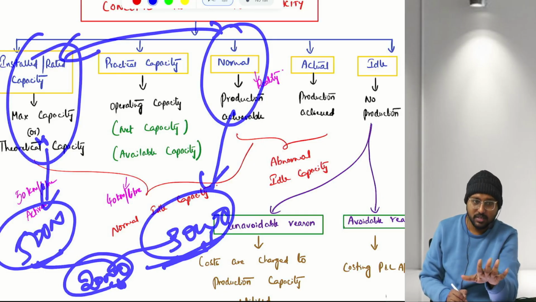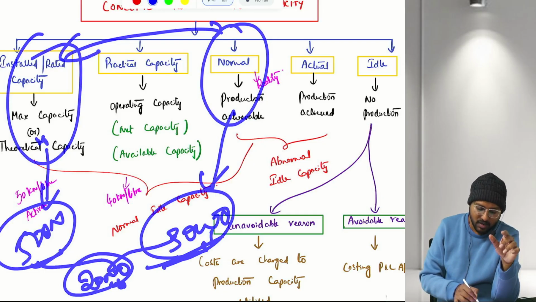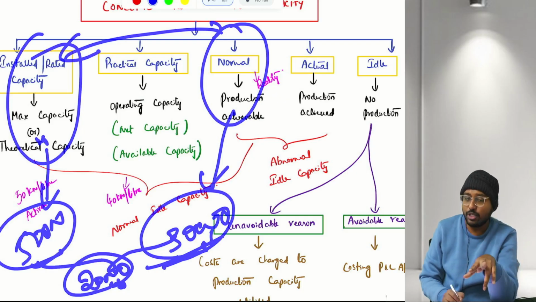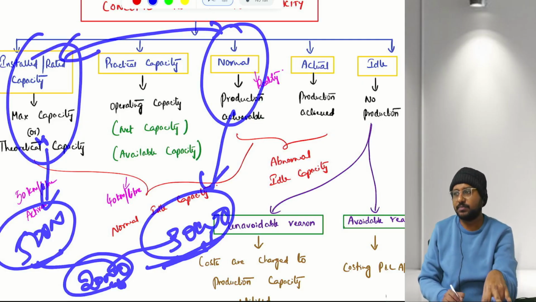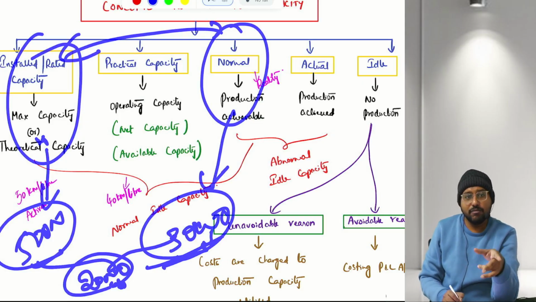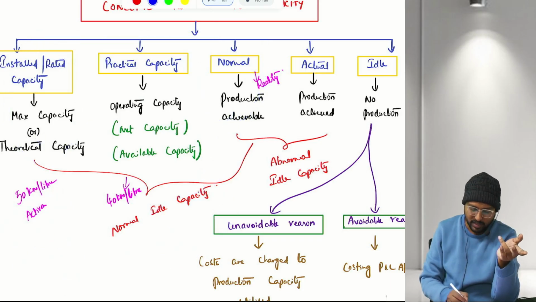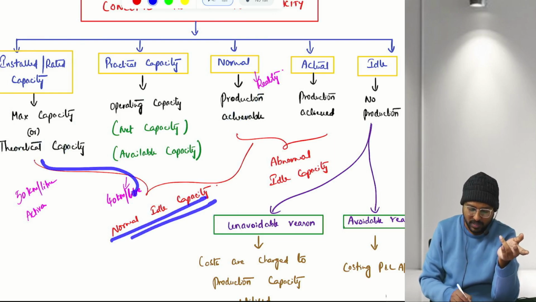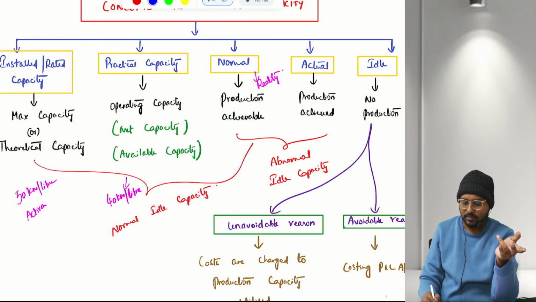Which means the difference between installed or rated capacity or maximum capacity or theoretical capacity and normal capacity should be a normal reason. Therefore, the idle capacity will be called normal idle capacity. That's what I've written here. What did I call? Normal idle capacity. You get it?